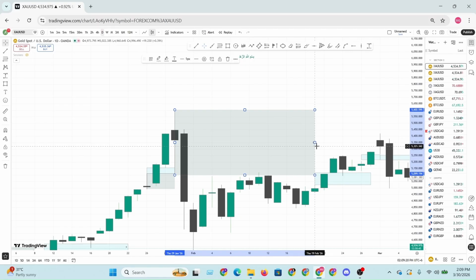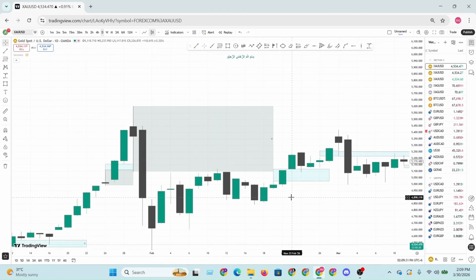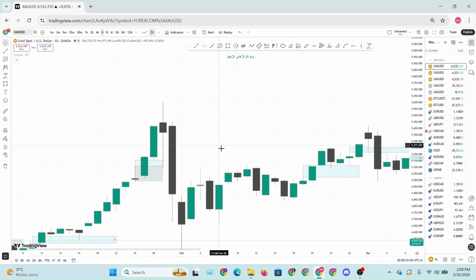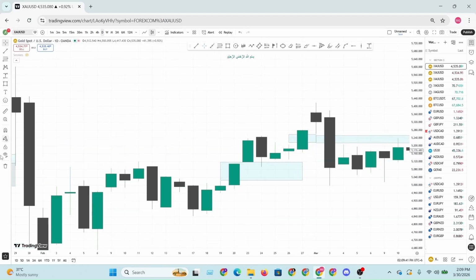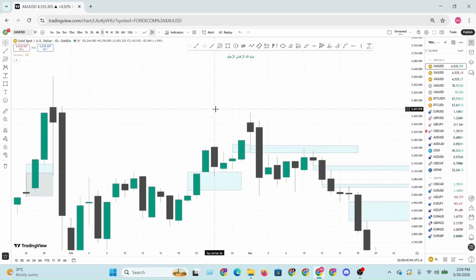Higher market came to this level, the orders are executed, and it will change its direction and give you certain moves.